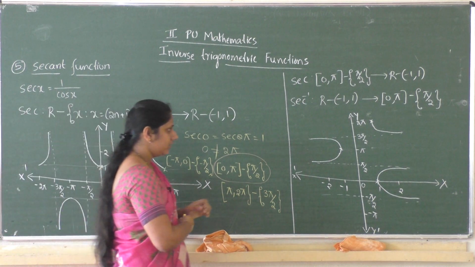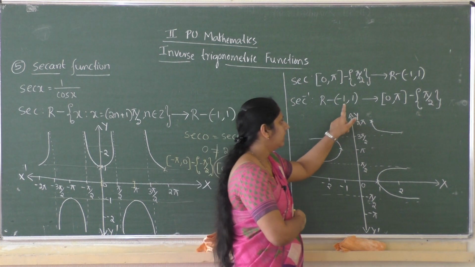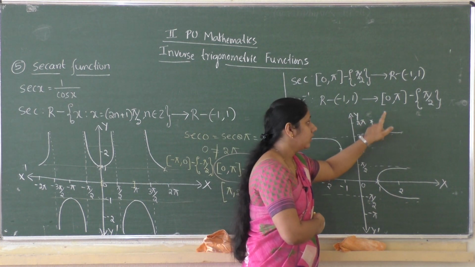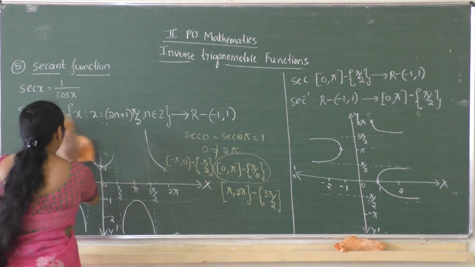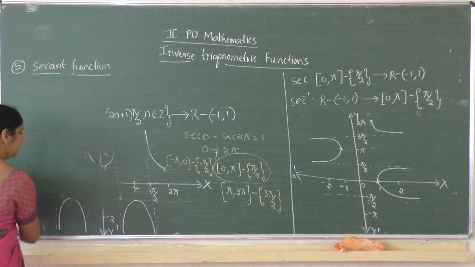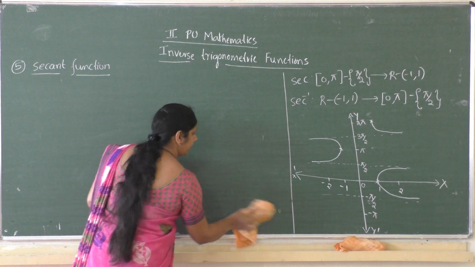So sec inverse is a function whose domain is R minus the open interval minus 1 to 1 and range is the closed interval 0 to pi minus pi by 2. Now we will write the two properties as earlier.